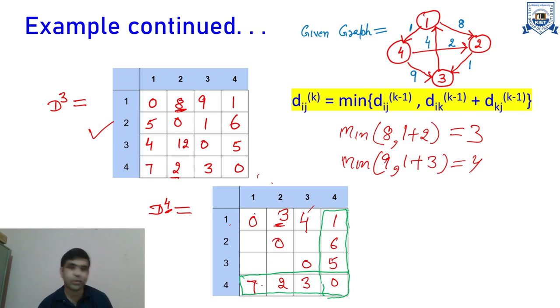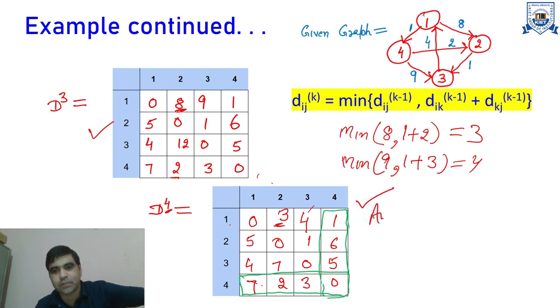The rows come out to be 0, 5, 4, 3; 0, 7, 2, 4; and then 1, 0, 3; 1, 6, 5 and 0. So this is actually the all pair shortest path matrix. This is your answer. Now if you want to find the shortest distance between any pair of vertices, you can use this.